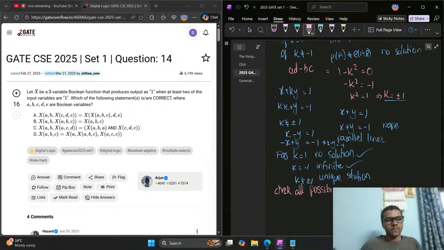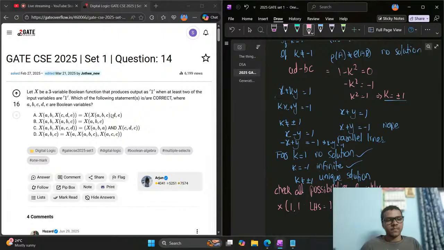Let's do AB as 1, 1, 1. Doesn't matter, the left-hand side will be 1 now.